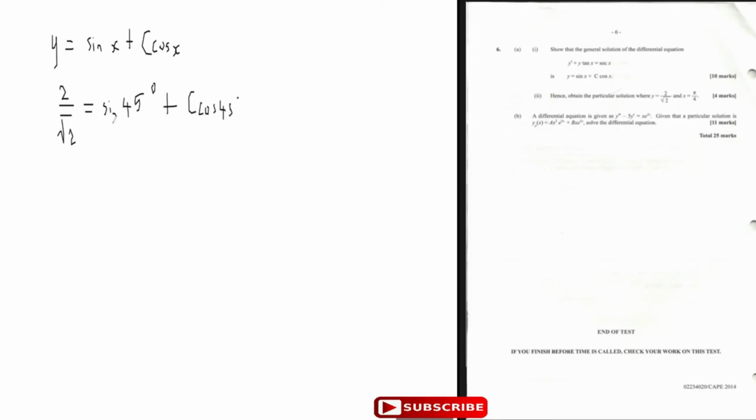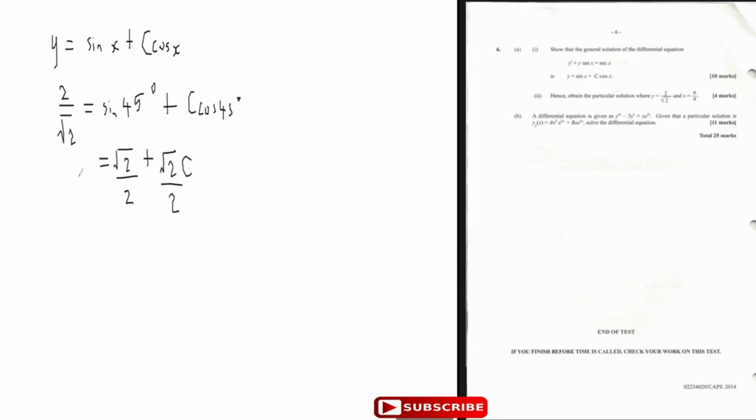Now, the sine of 45 degrees is root 2 over 2, plus cos of 45 is the same thing, root 2 over 2, times c.